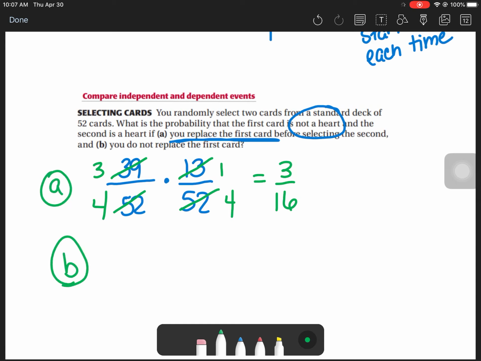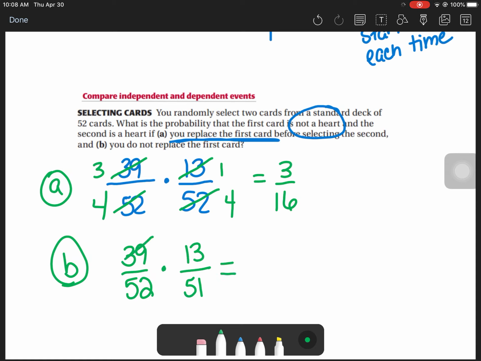Letter B is the exact same question, except this time I'm not going to put the card back into the deck. So I do have 39 cards that are not hearts out of 52, and I do have 13 hearts, but this time I'm only picking out of 51 cards.